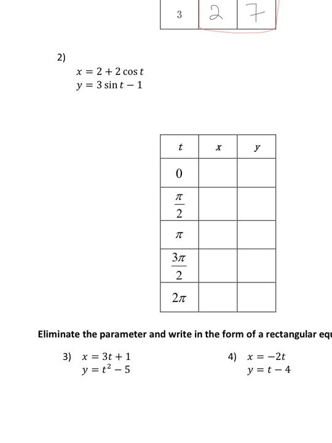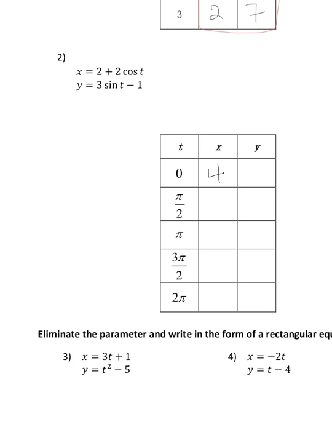So let's start with x. We're going to put 0 in for cosine t, which would be cosine of 0. Cosine of 0 is 1. 1 times 2 is 2, and 2 plus 2 is 4. So our first x value is going to be 4.